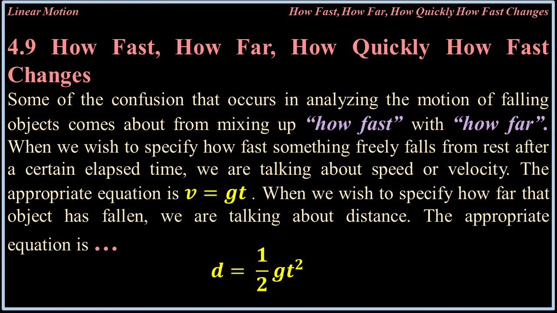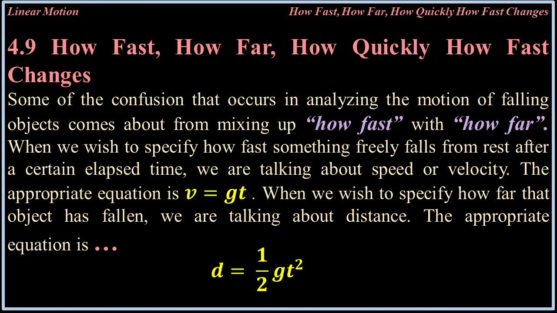Some of the confusion that occurs in analyzing the motion of falling objects comes from mixing up how fast with how far. When we wish to specify how fast something freely falls from rest after a certain elapsed time, we're talking about speed or velocity.